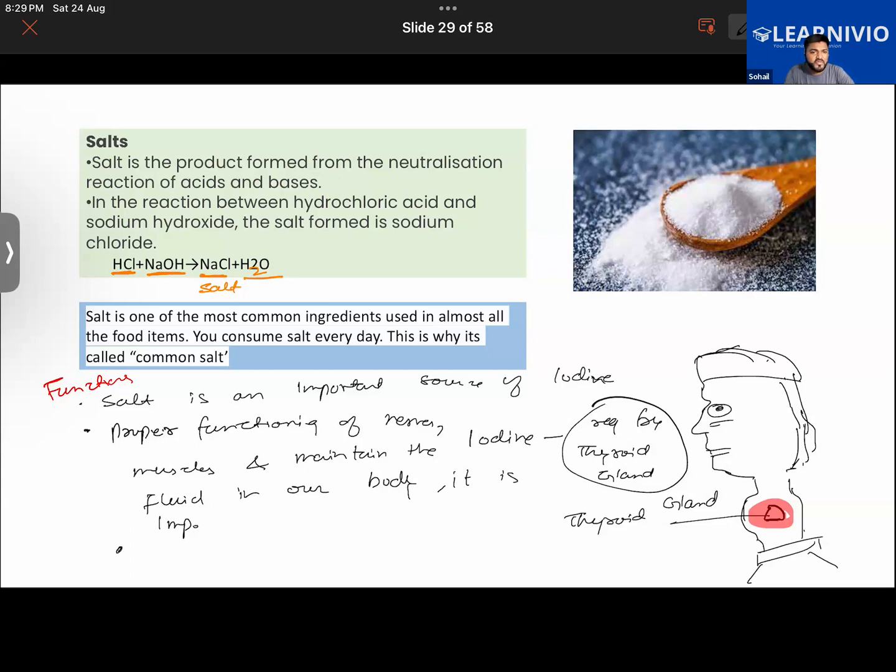Another thing is that it regulates the blood pressure of the body also. That's why people whose blood pressure is low will be advised to take a small amount of salt. If their blood pressure is high, the doctor will advise them not to consume too much salt. So salt helps to control blood pressure. Why? Because this common salt contains sodium and chlorine.